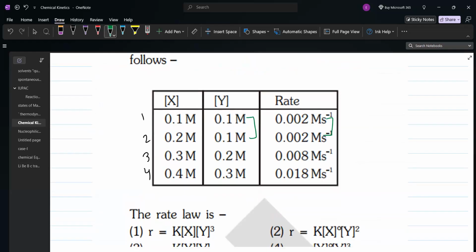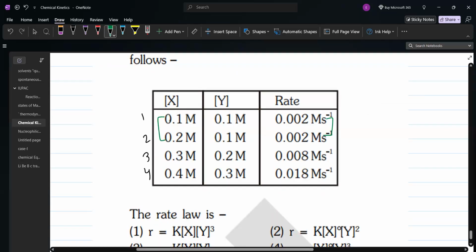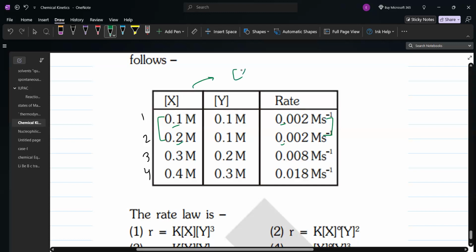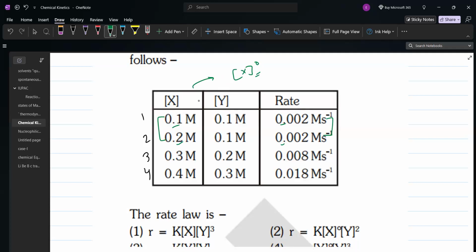It is not changing with the concentration of X. As we are changing the concentration of X, the rate of reaction is not changing. So it is not depending on X, right? So that is why the power should be 0 for this, because the rate of reaction is not dependent on it. So this thing is already over.